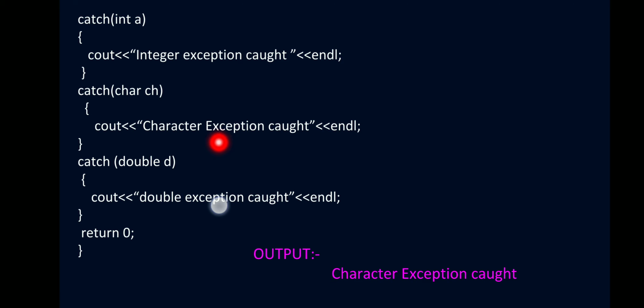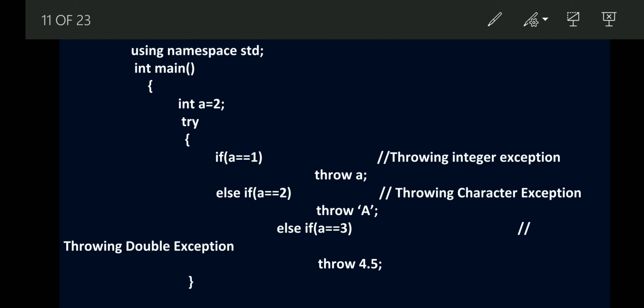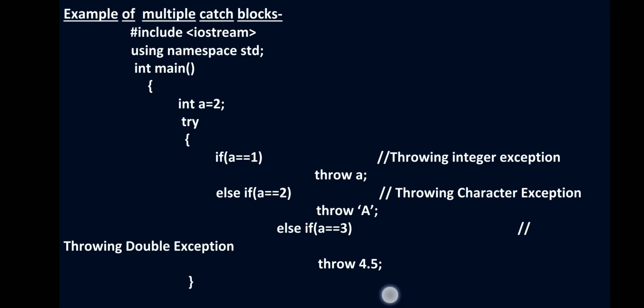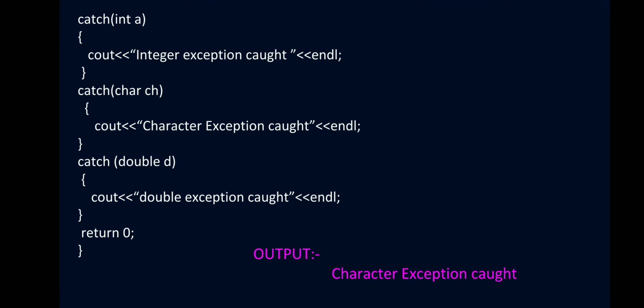For example, let us suppose the a value is 3, then what exception is it throwing? It is throwing a double exception, that is if the a value is 3, then throw 4.5. So here the third catch block will be executed and you will get an output double exception caught.